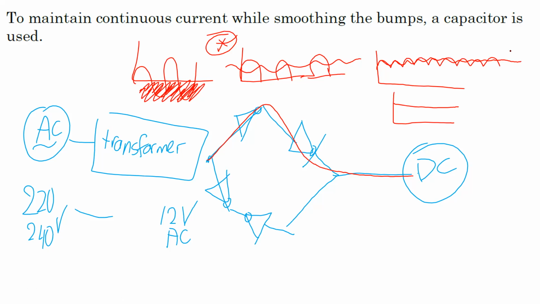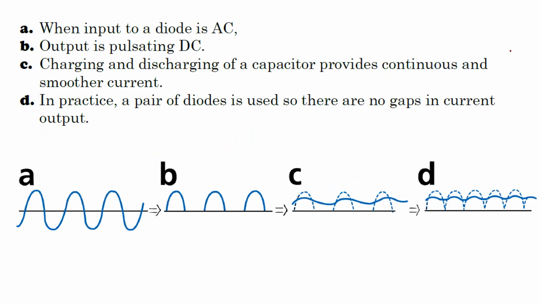Yes, teacher. So let's see here what happened. At A here, when the input to a diode is AC, as you saw before, the output is pulsating DC after entering the diode. So here we have an AC input to the diode.